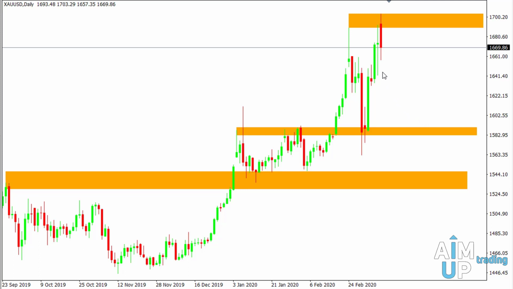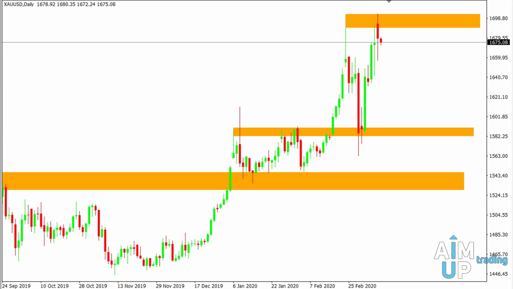That might not be the case, but most likely we expect, if this candle closes bearish, as you can see right here, it does close bearish. We're fast forwarding the video because we don't stay 24 hours in front of our computer to look at the price. But the candle closed bearish.